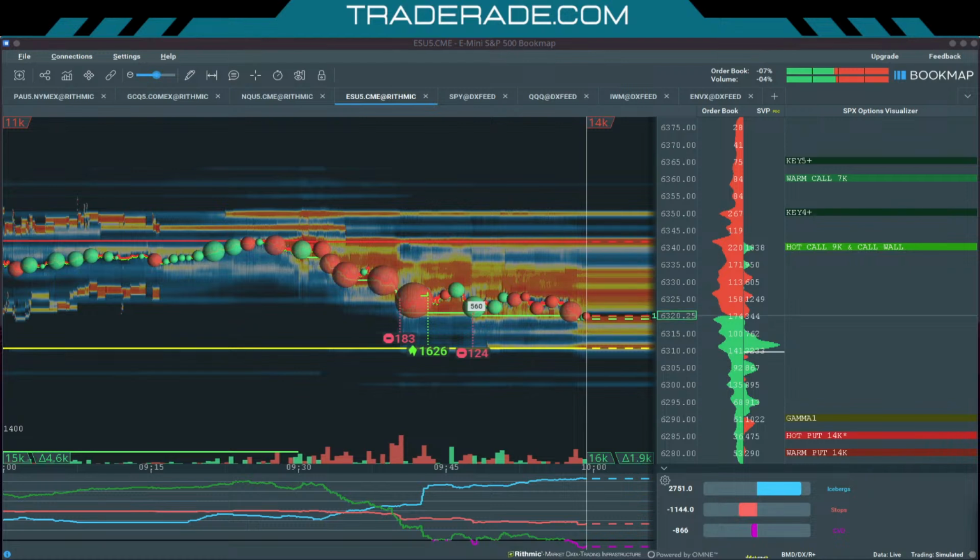And making another low here, another session low in the S&P 500 futures as that put flow below continues to grow.